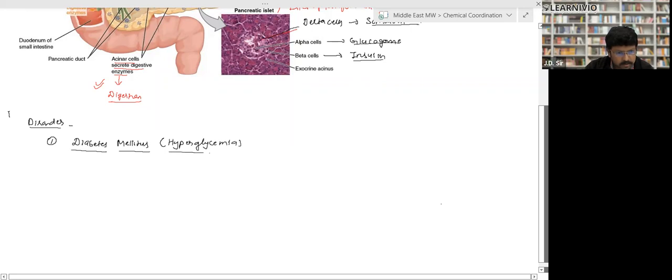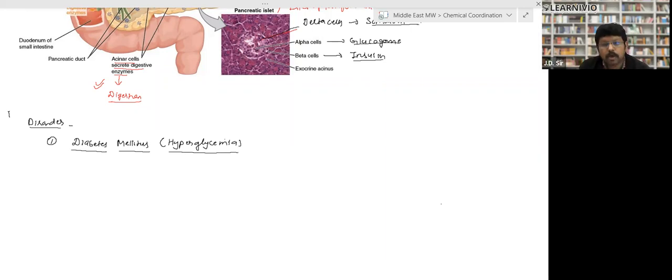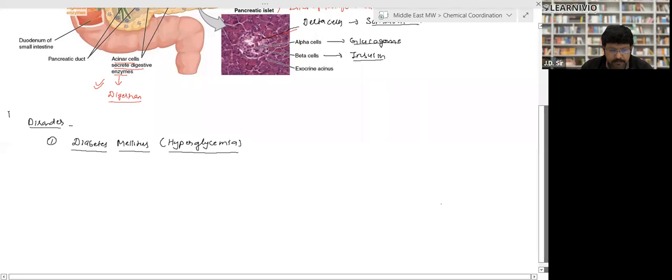Hyperglycemia. So what we generally call sugar or diabetes is actually diabetes mellitus, right? Hyperglycemia means more sugar in blood, right? Note it down. This is the most common endocrine disorder. Let's stop.